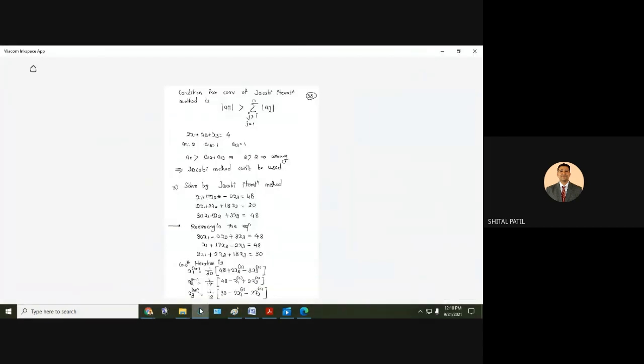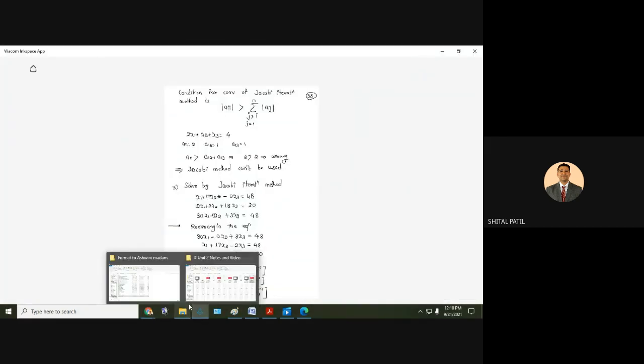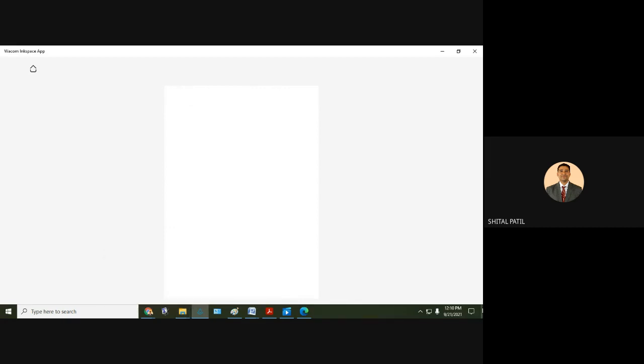We'll start with the zeroth iteration. Zeroth iteration equal to 0.